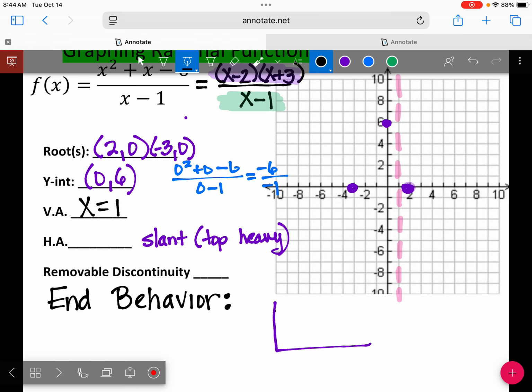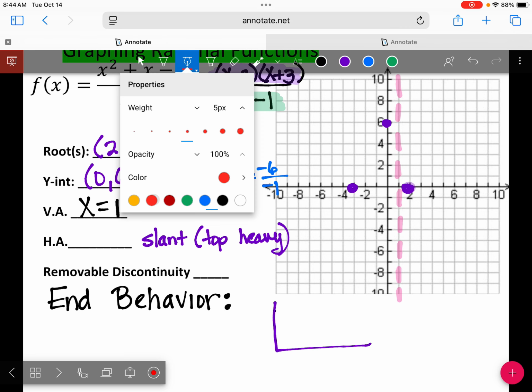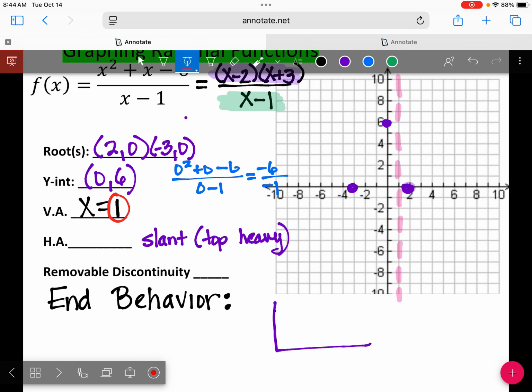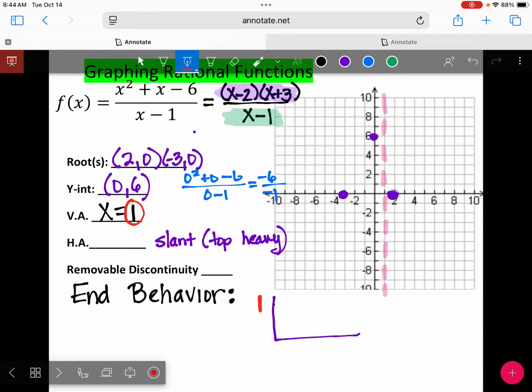X equals 1. Put that 1 there. You always start by putting wherever your vertical asymptote is, that's the number that goes on the outside. So in this example, it's 1. Then we're going to list the coefficients of the numerator, which are 1, 1, and -6.